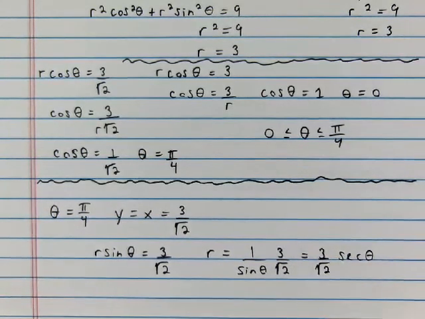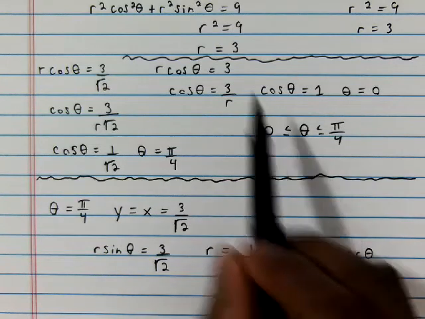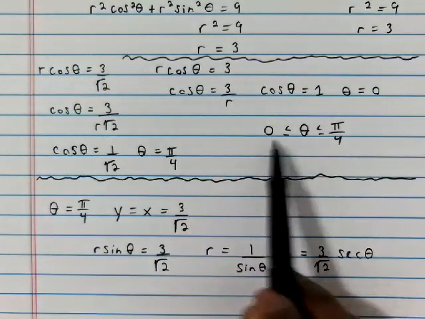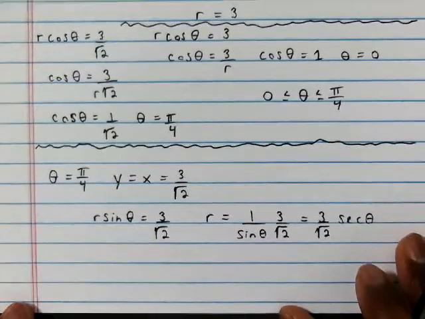We know that r should be a function of theta. So now we're finally ready. We have r goes from here up to there, and theta goes from here to there. So now we finally have our region R.